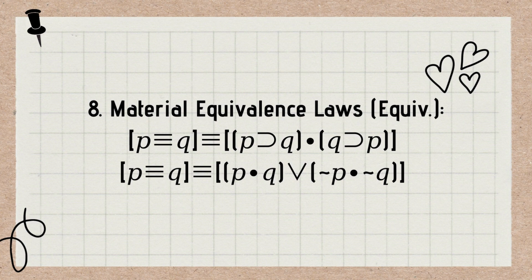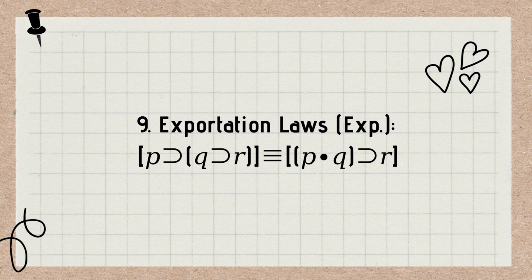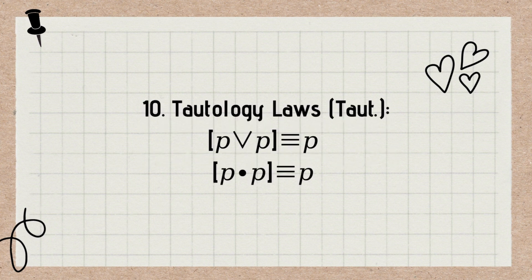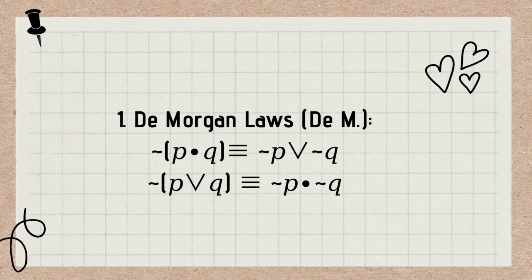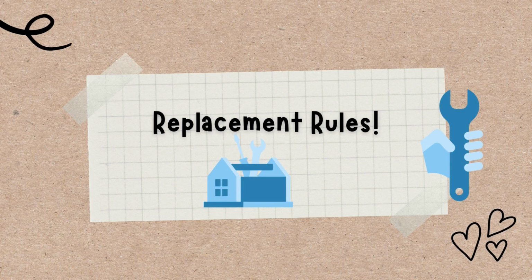The ninth law is the exportation law: P implies (Q implies R) is equal to (P conjunction Q) implies R. The last is the tautology law: P disjunction P is equal to P, and P conjunction P is equal to P. So we have 10 laws in these replacement rules, which we will use in upcoming sessions to solve more problems.